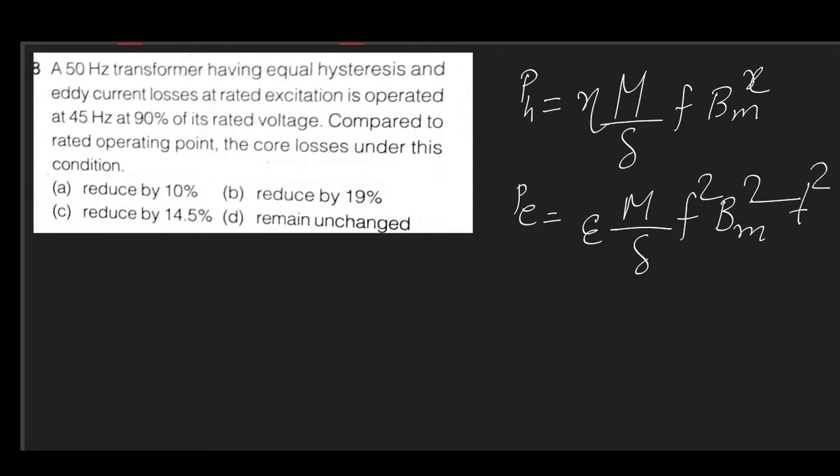Now see, this 50 Hz transformer having equal hysteresis and eddy current losses at rated excitation is operated at 45 Hz and 90% of its rated voltage. So instead of rated voltage, we are applying 0.9 V1, and our frequency has become 0.9 of our previous rated frequency.